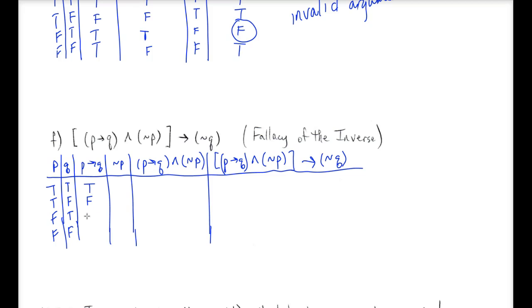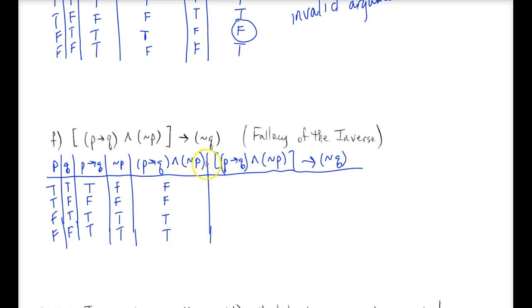First true, second false is false, and anytime it starts with false, it's true. For the negation column for P, we just write F, F, T, T. And then we're going to AND these two columns together, because this is the first column and that's the second. When we AND them, the only time we get true is when both are true. So we have false, false, and true, true.